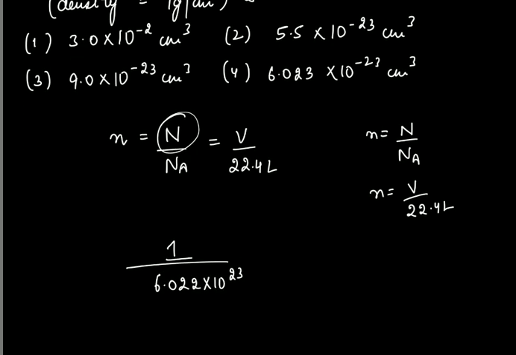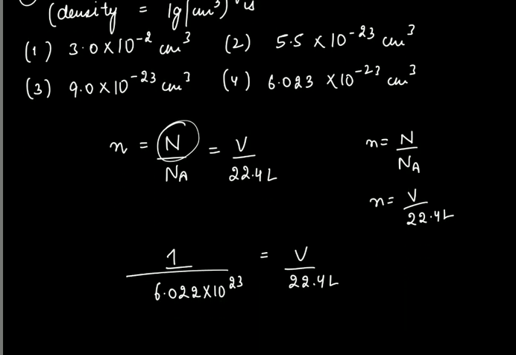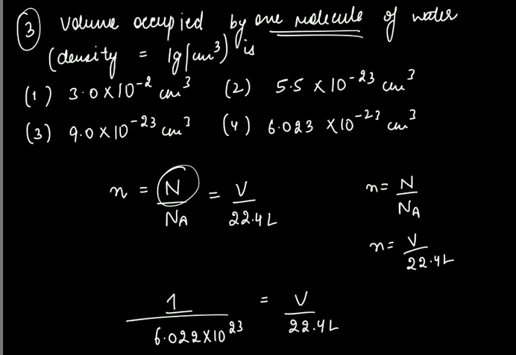So, and they're asking about the volume. So V by 22.4. Now, we cannot use this particular formula in this question. Why I took this? Because if you have watched those videos, if you are aware about these relationships, you will immediately say, okay, volume should be 22.4 liter divided by Avogadro constant, and that's it, done.